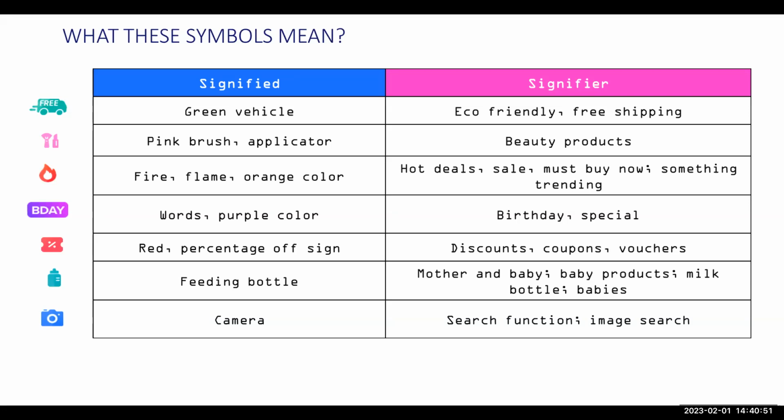So the flame for the hot deal is a pretty good symbol which works very well. Most people understand that it means a hot deal. The birthday and the purple color: purple again has different associations in different countries, but fortunately, if you're operating in, let's say, Southeast Asia, it's a little more uniform.